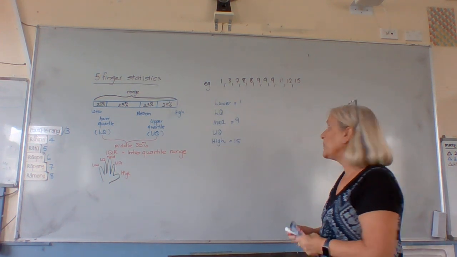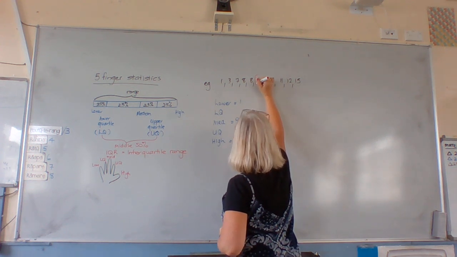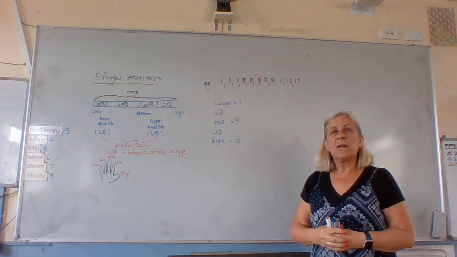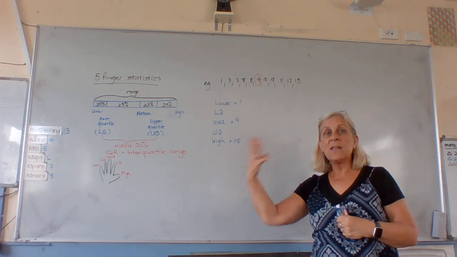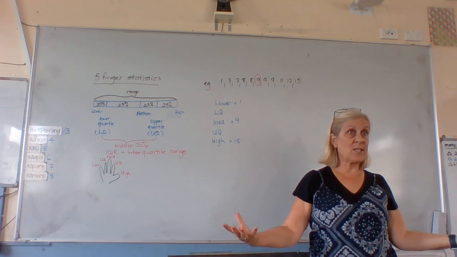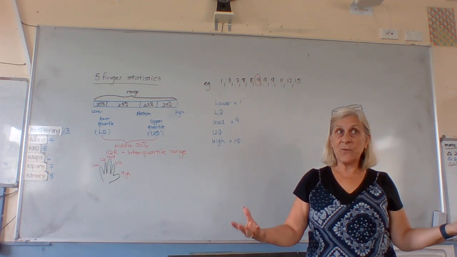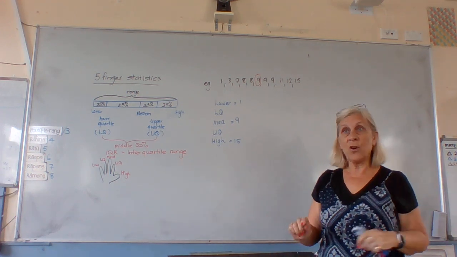So if 9, this one, is the median, he can't be in the lower or in the upper. So he no longer counts. All right? If he's the median, he's not a lower, he's not an upper, he no longer counts.